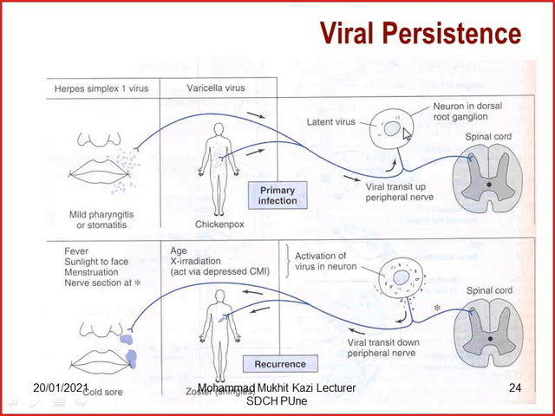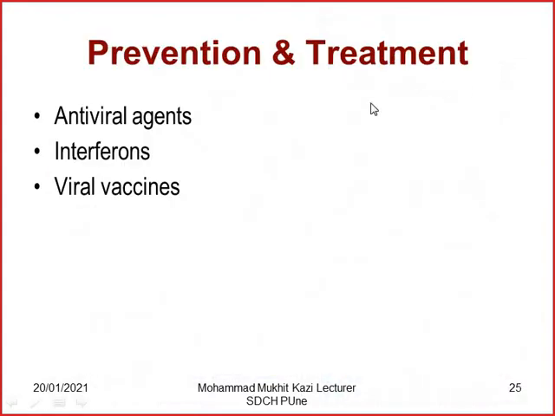They remain quiet here and do not cause any secondary replication. The moment the person has some risk factors, these dormant, latent phase viruses start reactivating and cause infection at the original site. This is the persistence, and this is the recurrence. That means reactivated and causes infection at the initial site. This is the viral persistence.